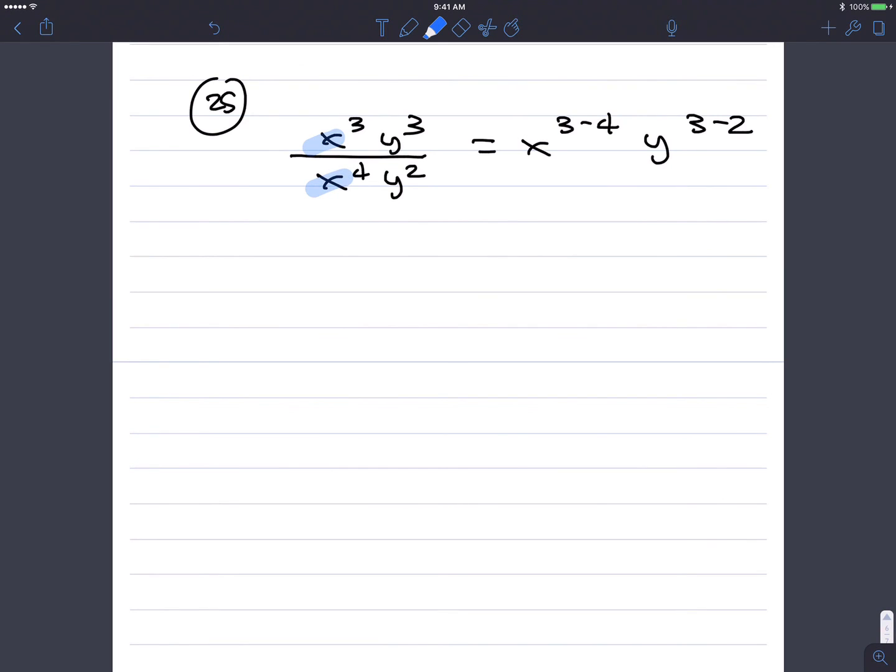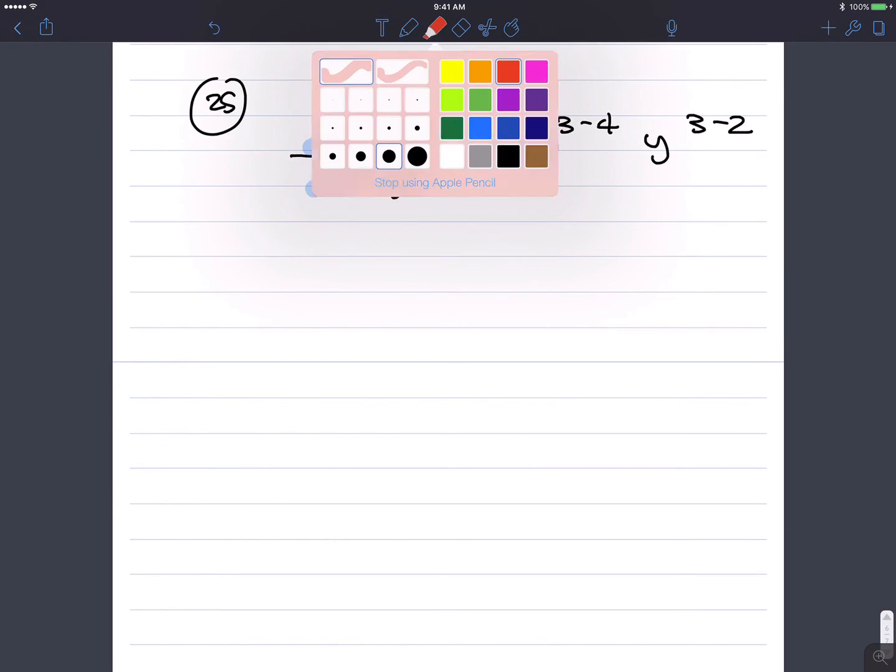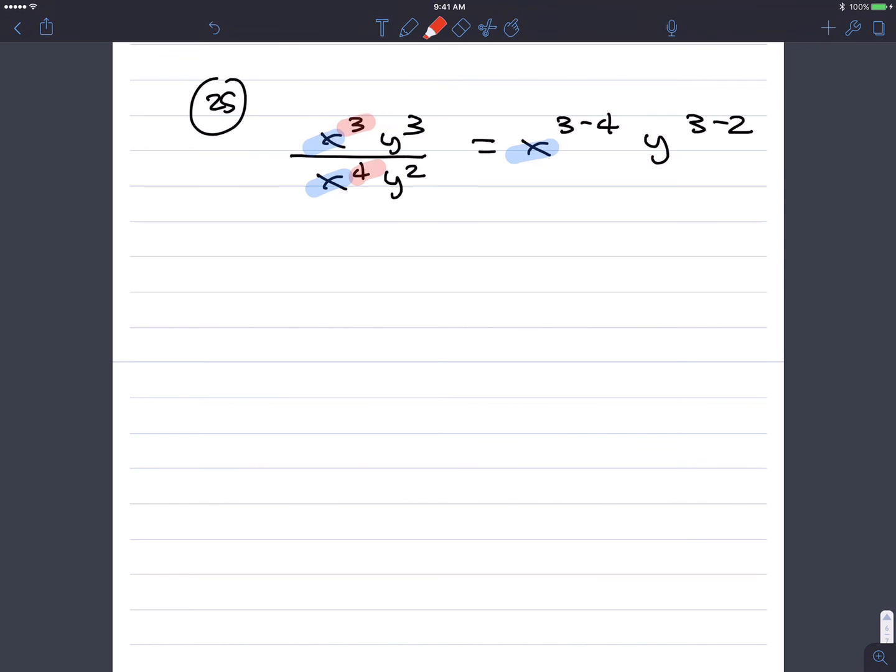Same base, keep the base. Subtract 3 with 4, 3 minus 4. Base y, keep the base y. 3 minus 2 again. We get x to the negative 1, y to the positive 1.